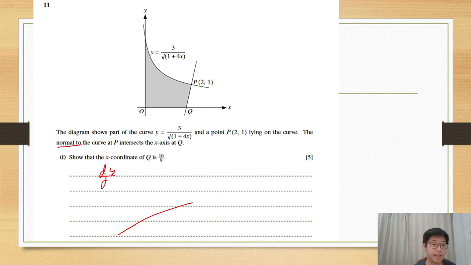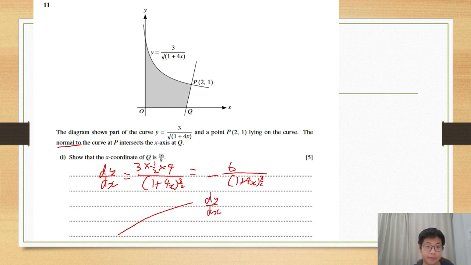dy over dx equals 3 times half. It's negative half because the half is at the denominator, and square roots always have half. 1 plus 4x to the power of 3 over 2 equals negative 6 over 1 plus 4x to the power of 3 over 2. So the dy over dx at 2 equals minus 6 over 27 equals negative 2 over 9.